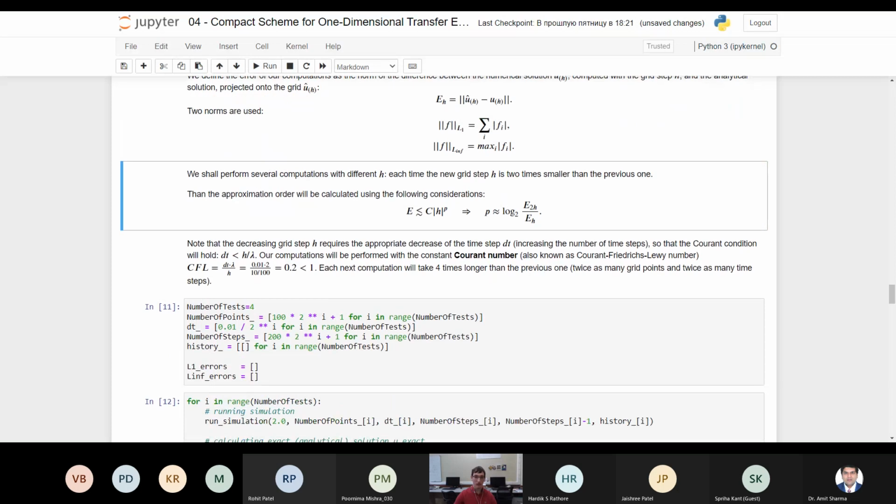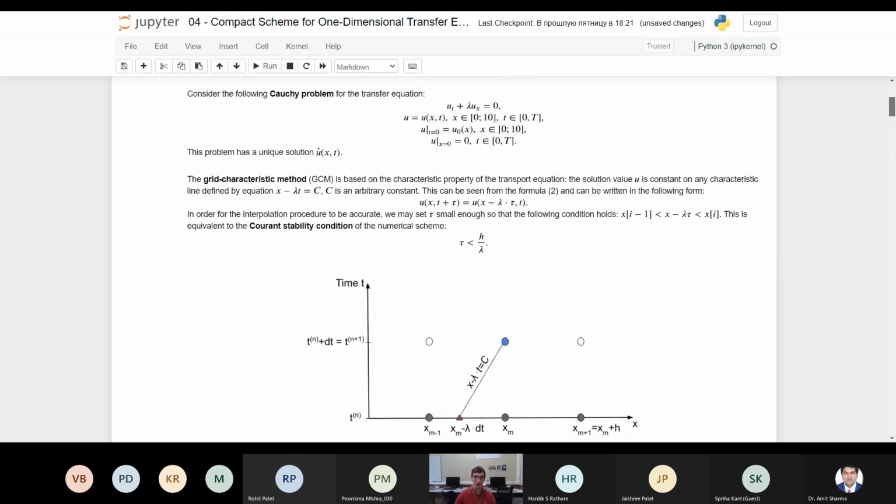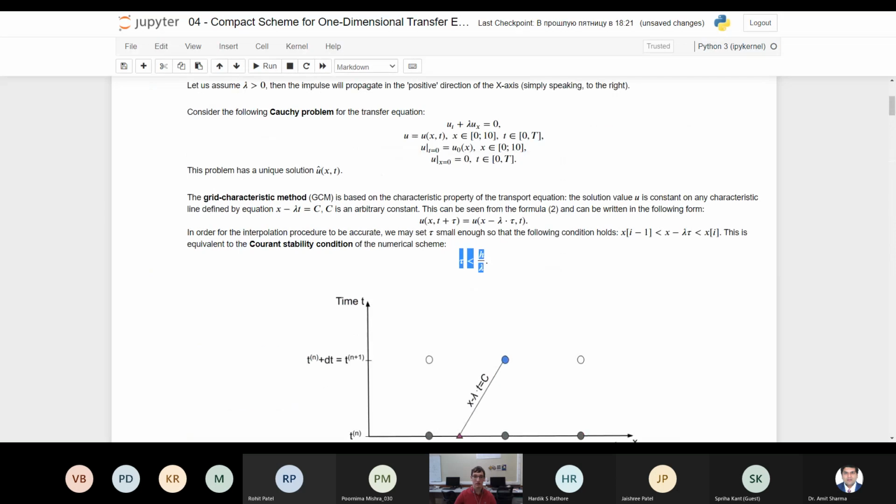It should be noted that decreasing grid step requires the appropriate decrease in the time step because the Courant stability condition has to be satisfied. So here is our stability condition. When h is taken twice smaller, we actually have to take tau also twice smaller.